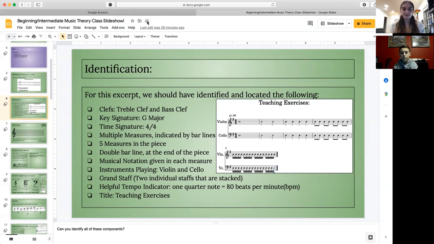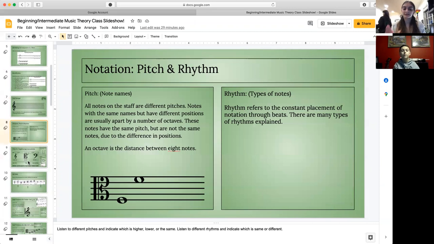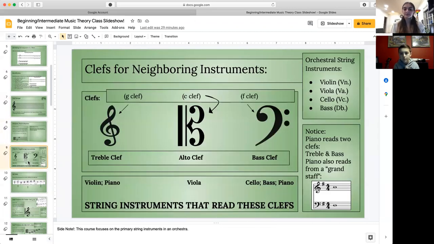I want to start slow. Our entire goal is to work our way up to here, starting from the staff. We already went through pitch and rhythm in order to create standard notation here.